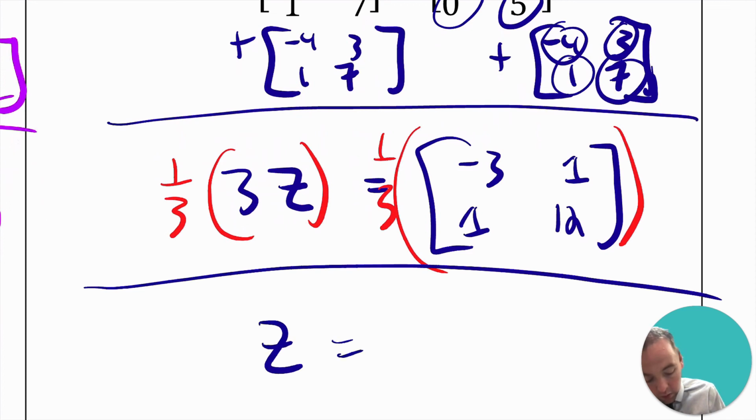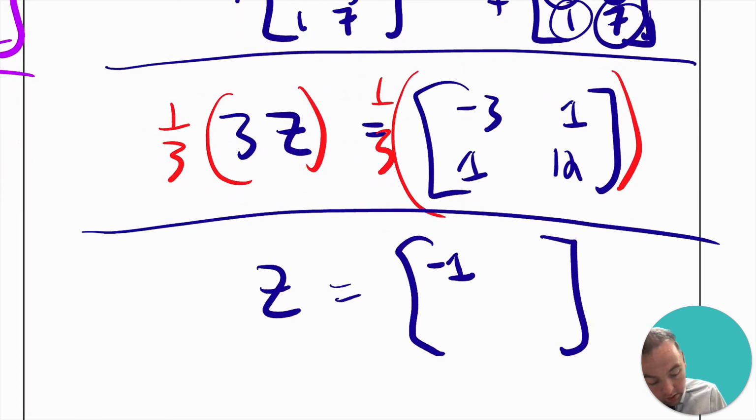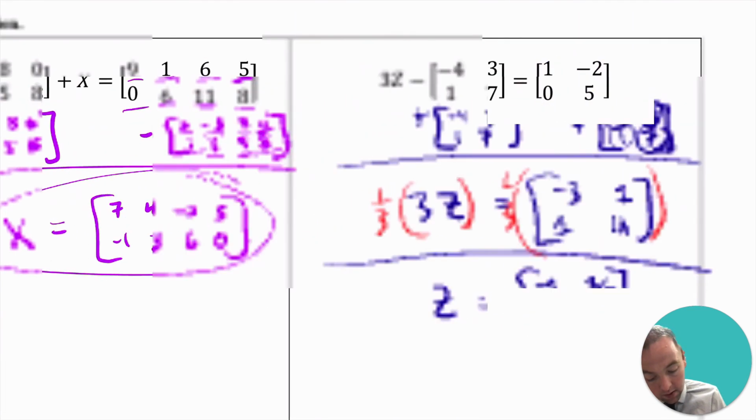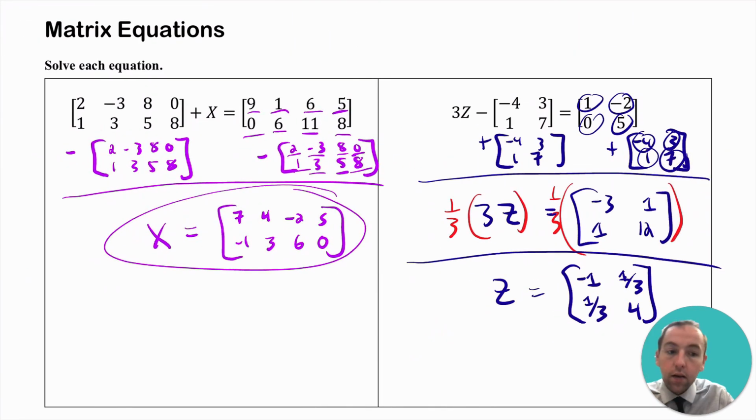So if you take 1/3 of all the elements inside of this matrix, you're going to end up with a third of negative 3 is negative 1, 1/3 of 1 is 1/3, and 1/3 of 1 again is 1/3, and then 1/3 of 12 is 4, and that gives you the value for matrix Z that's going to satisfy that equation.